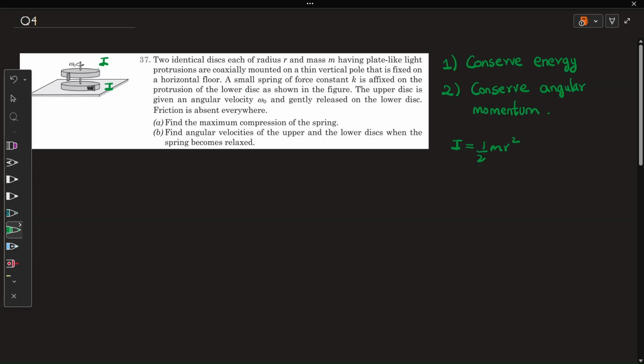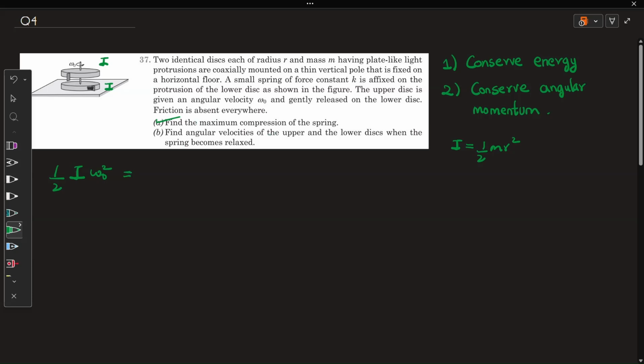Now let's conserve the energy first. Let's do the first question, A. Initially, what energy does this have? Only the rotational kinetic energy, so half I omega naught square. But what about the final case?